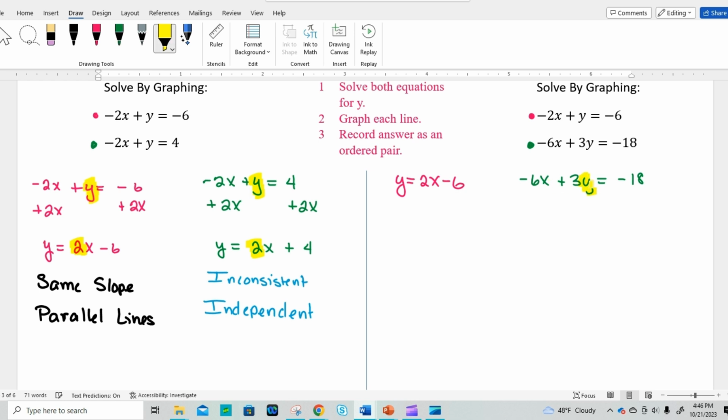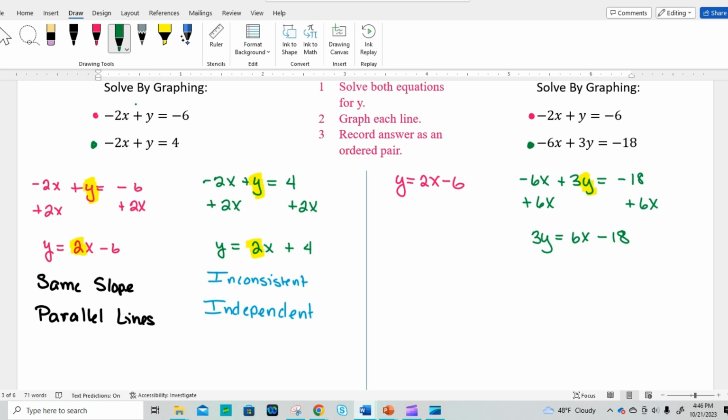I got to get the y by itself. So I'm going to start by adding 6x to both sides. So I get 3y is equal to 6x minus 18.